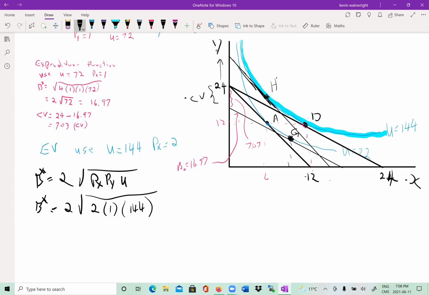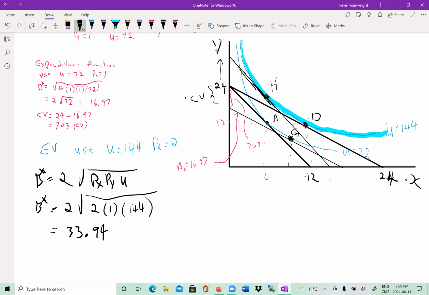So that's going to give me a new number, which will be 33.94.